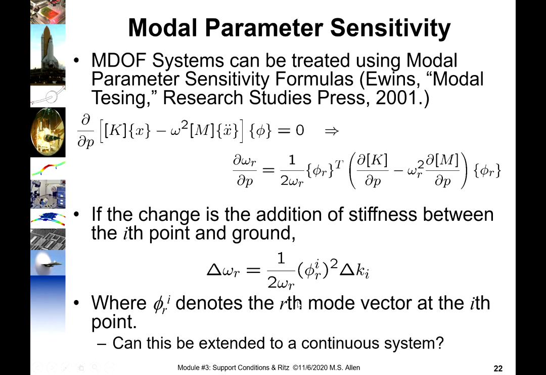And here it's telling us something important. If we have a continuous system, say we had a beam, and we want to support it with springs or bungee cords, the effect will depend on the mode shape. So if this is the first mode shape, if we put the springs out here, we have a lot of motion, notice, out here at the ends of the beam.